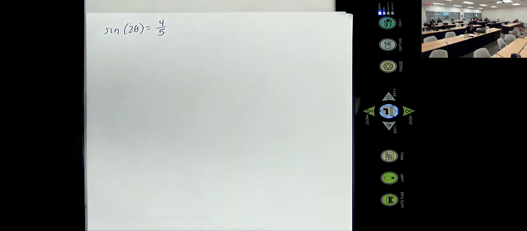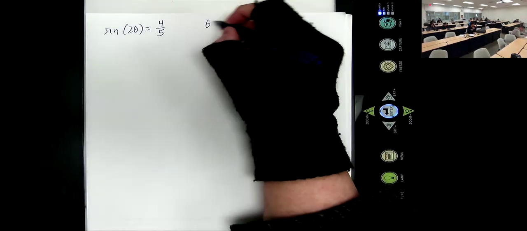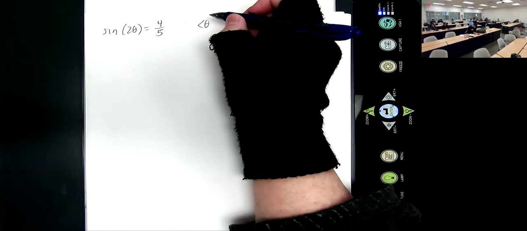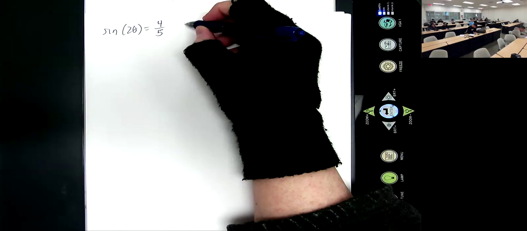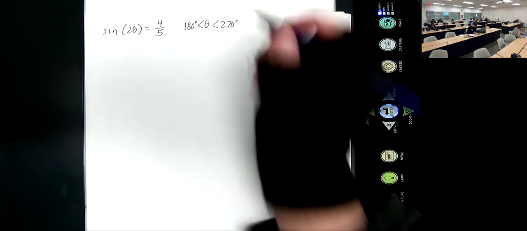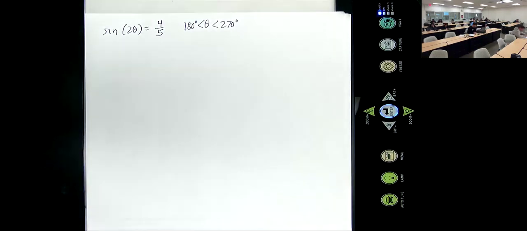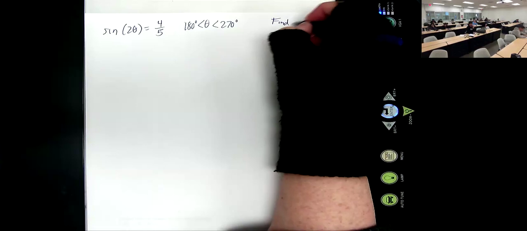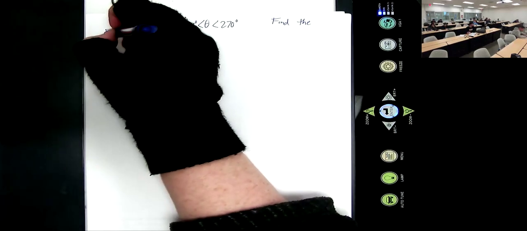And theta is in, let's say, 180 degrees to 270 degrees. Find the six trig functions. Wait, let's make this cosine. I don't know that we can do this one with sine.